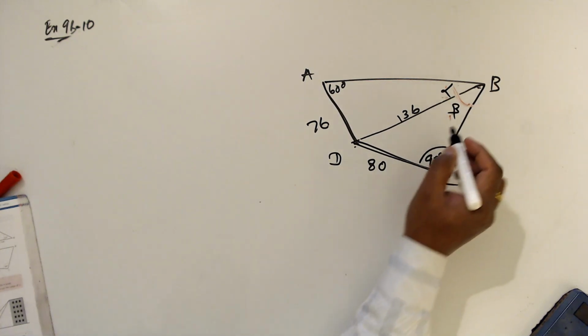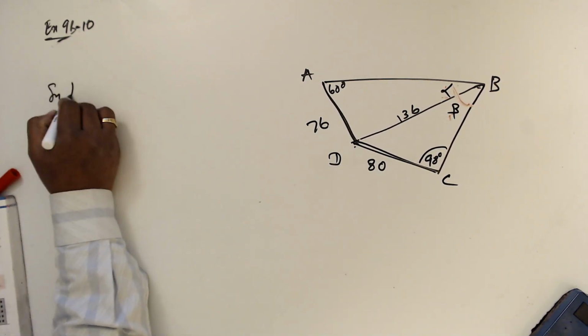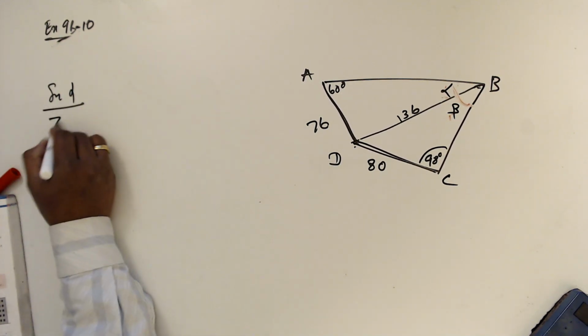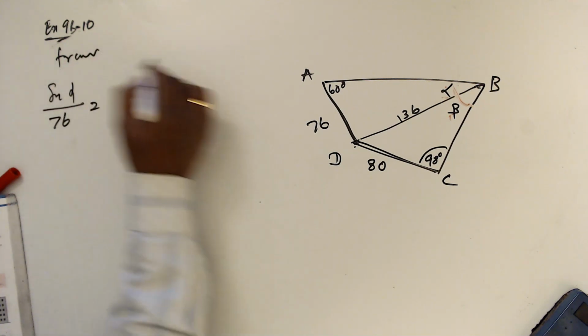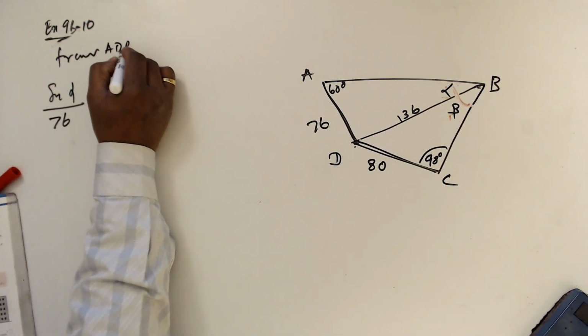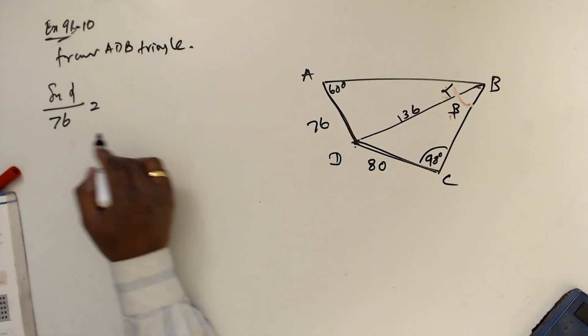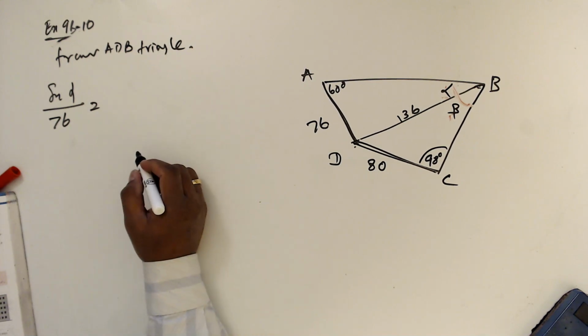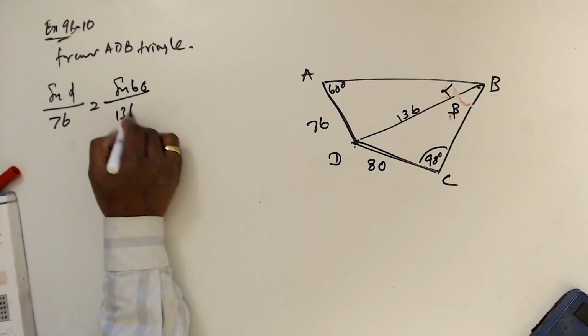Alpha, beta. So sine alpha over 76, from the ADB triangle. Sine alpha over 76 equals sine 60 over 136.